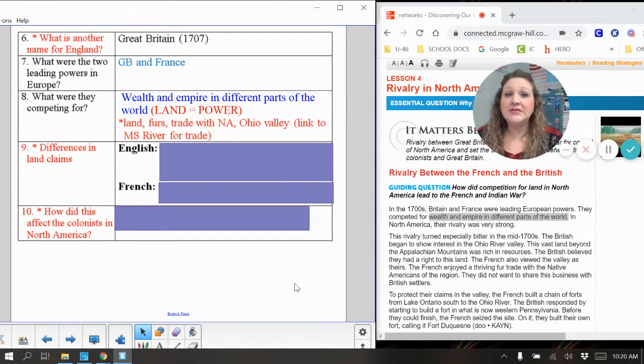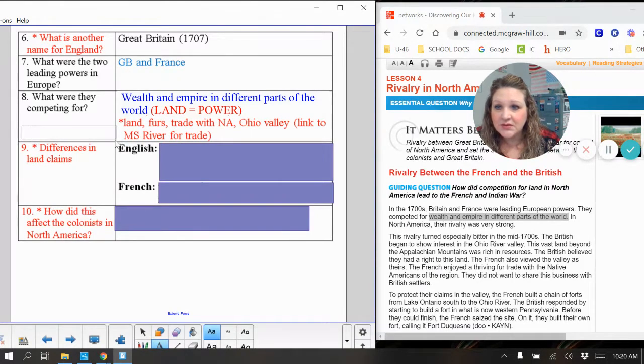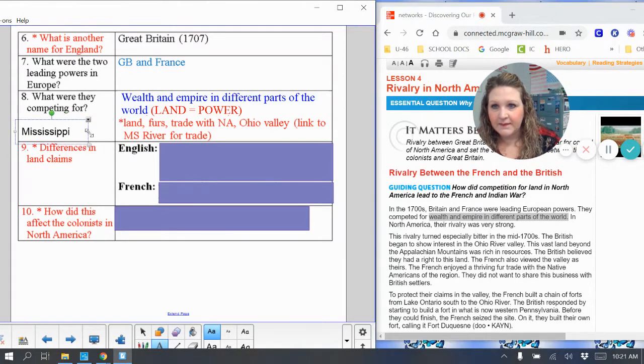Okay, so MS is Mississippi and then river. If you don't know what MS means, then it might be a good idea for you to put that in your notes as Mississippi. Okay, so the Mississippi River.